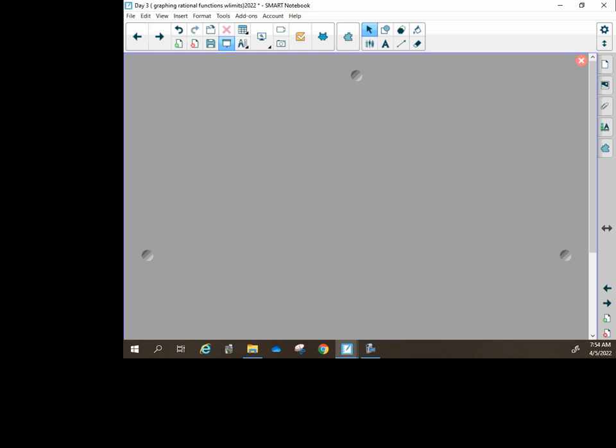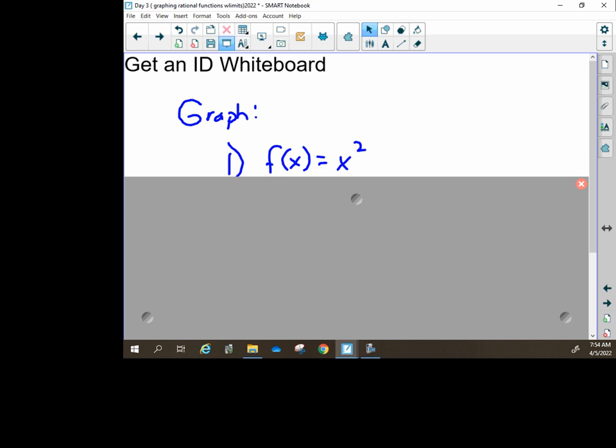Alright, here we go. Graph y equals x squared. Flip it up when you got it.